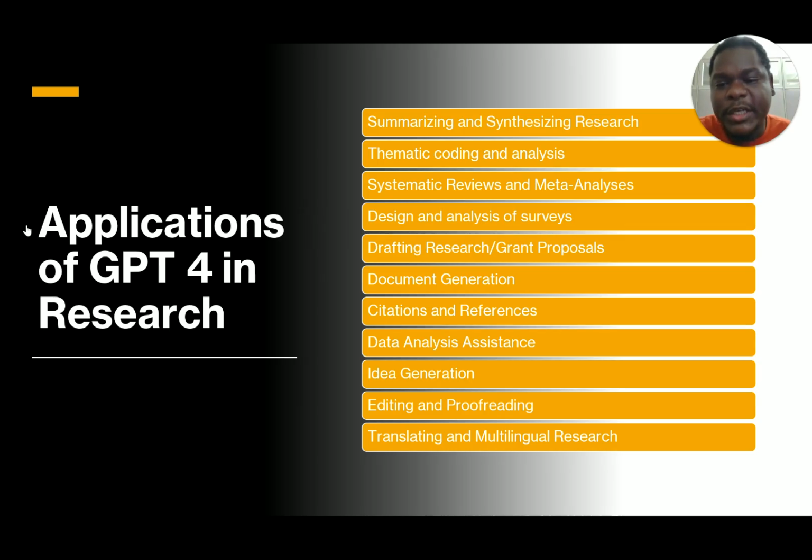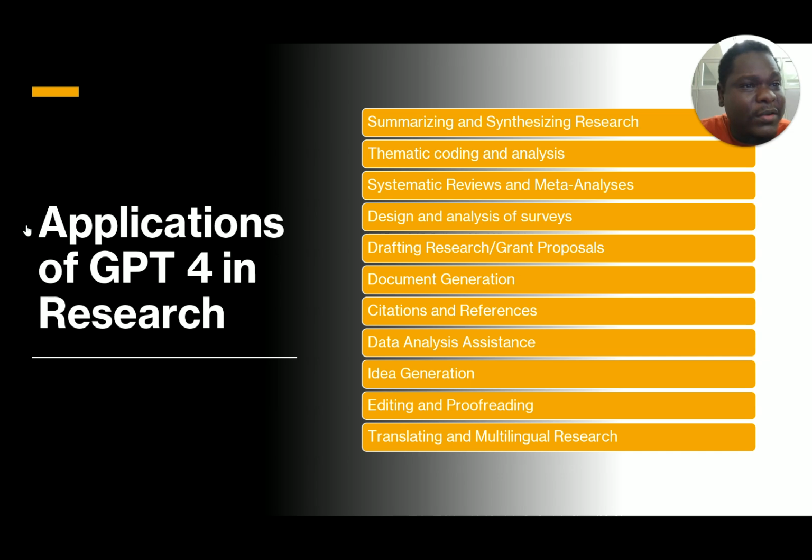So now we discuss the application of GPT-4 in the research process. Since we are concerned with research efficiency, first we're going to start with summarizing and synthesizing research. GPT-4 can quickly summarize vast amounts of literature, allowing researchers to rapidly get up to speed on a new topic.